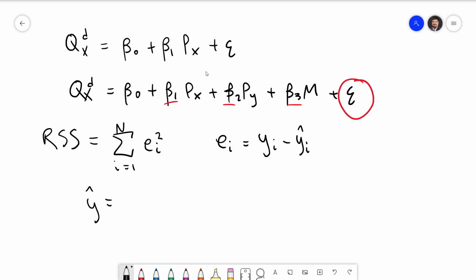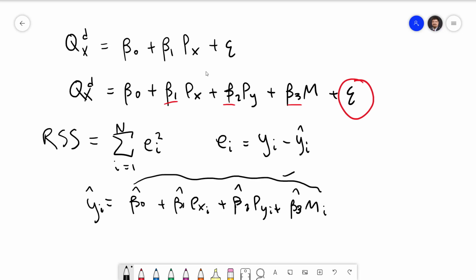Y hat is beta naught hat plus beta 1 hat px plus beta 2 hat py plus beta 3 hat m. So to figure out yi hat, we're just going to throw i's on all of our variables and then plug this whole thing into here and then plug that whole thing into here.